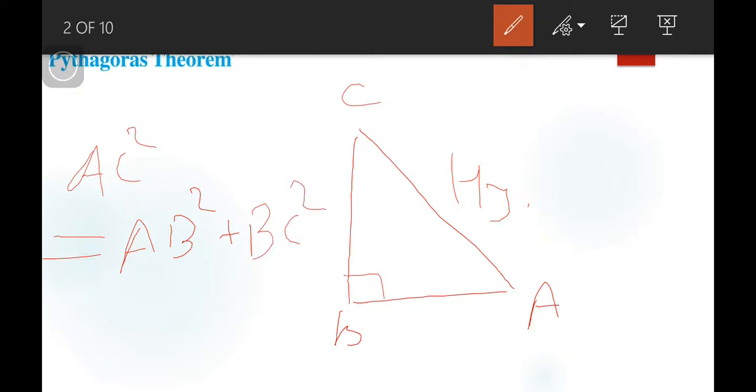So first let us take some theory to derive this theorem.